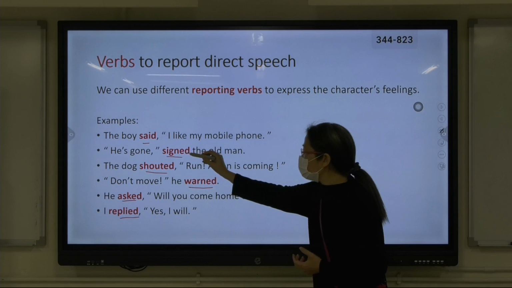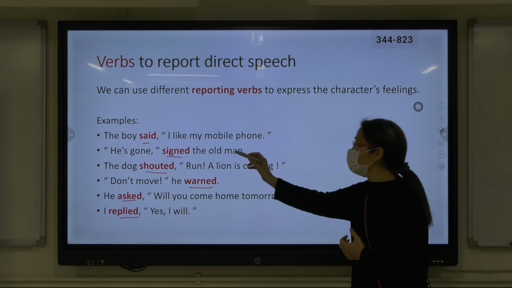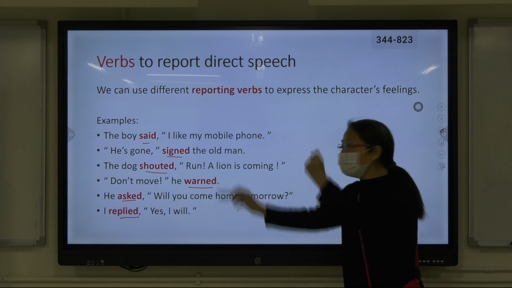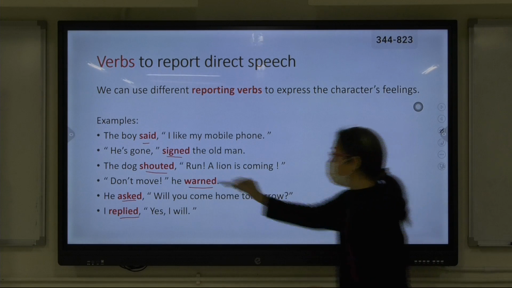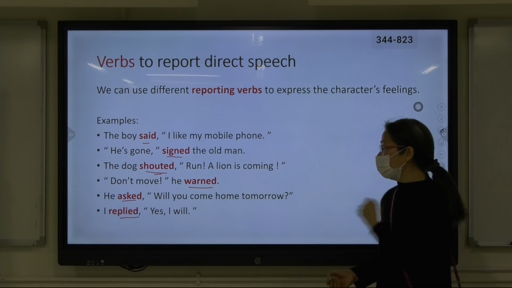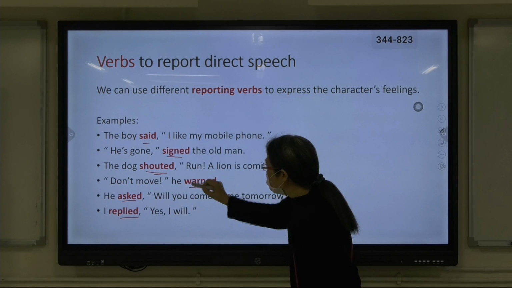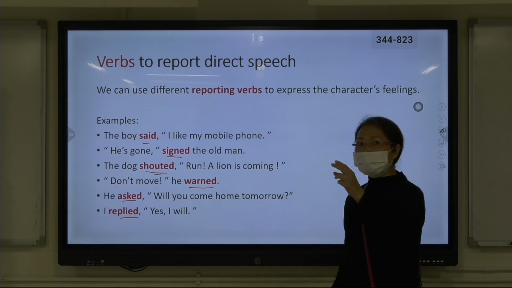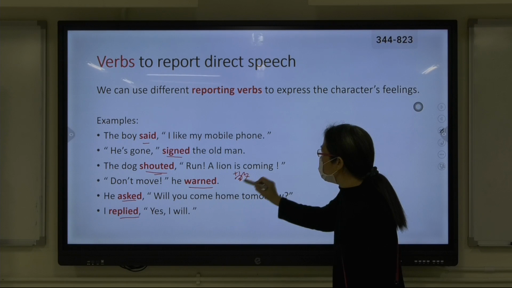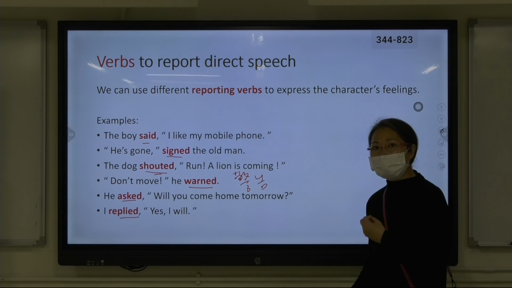This one, sighed, means 嘆息: "He's gone," sighed the old man. And this one: "Run, a lion is coming!" shouted. We use it to express urgent feeling. And also this one, warned: "Don't move," warned. We use it to show your mood.